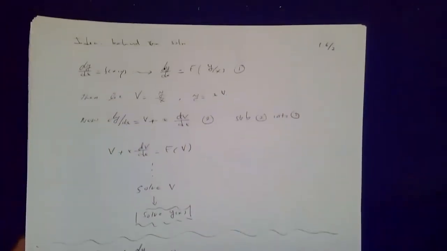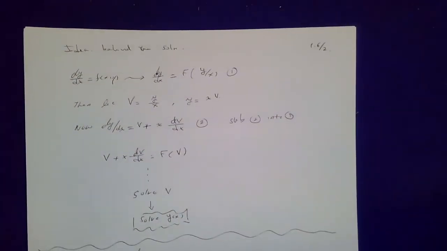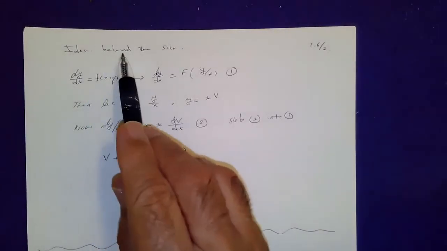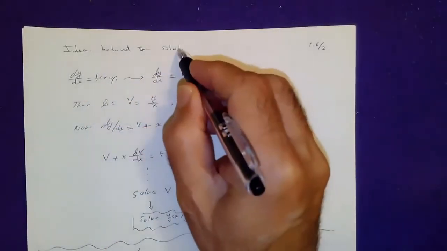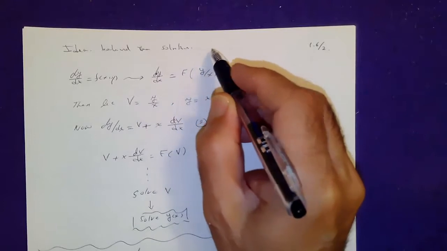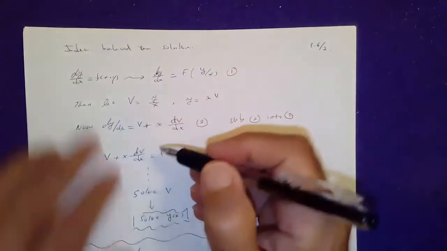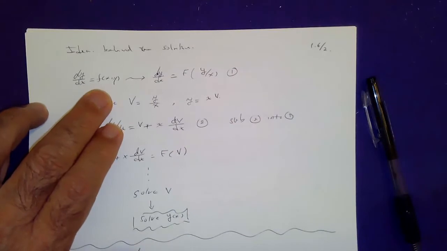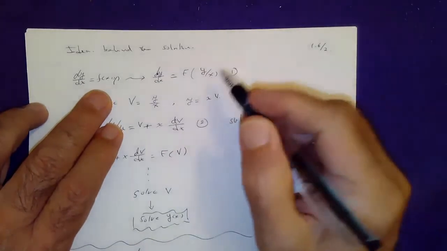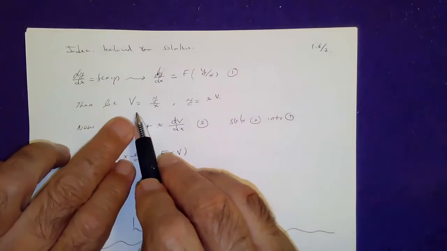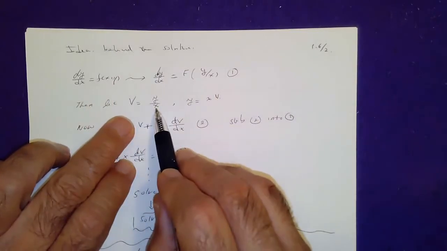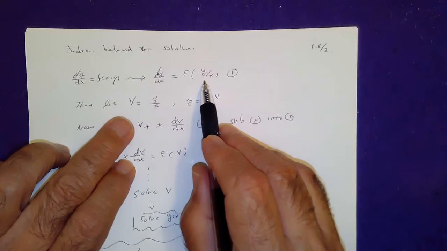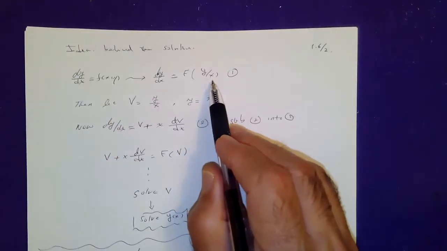Now, if that's the case, the idea behind the solution of differential equations in which the function on the right side is homogeneous of degree 0 is as follows. You make the substitution v equals y over x, and write the function on the right side as a function of v.